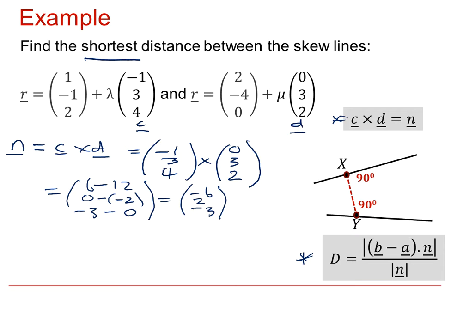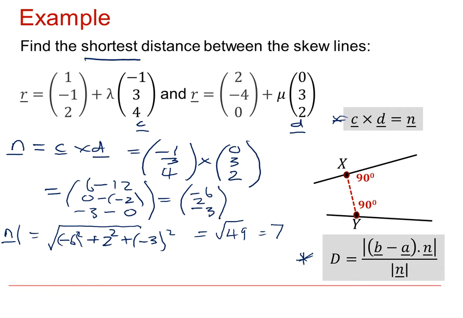The length of n is therefore found by taking the square root of those components squared, which would equal the square root of 49, or 7. So we have found this vector n, and we've also found the magnitude of n.